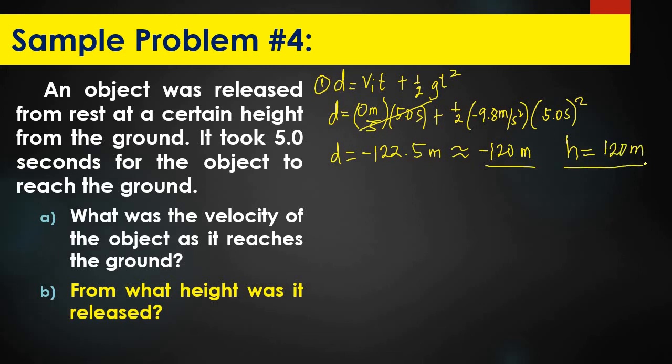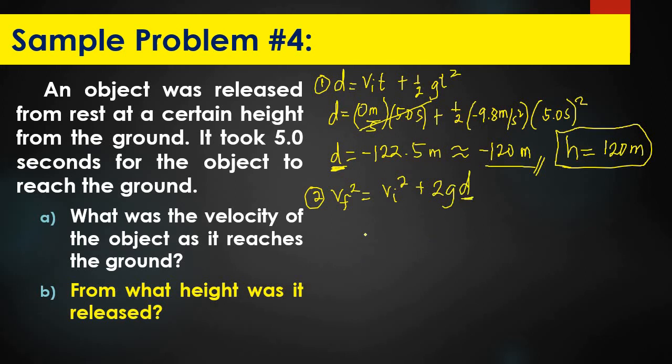Now, for number 2 equation, the number 2 equation is Vf squared is equal to Vi squared plus 2gd. Look for d.